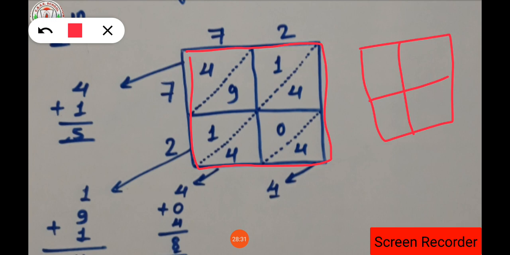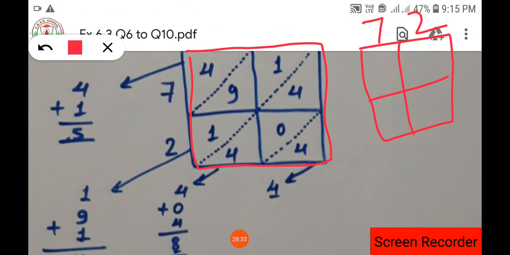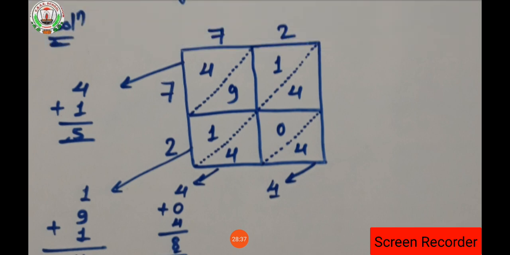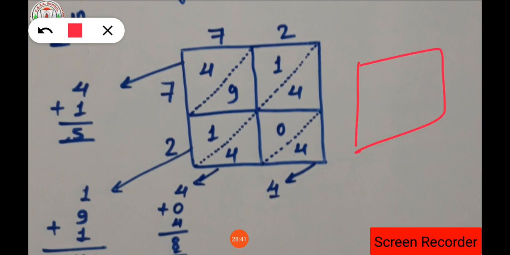Okay, so 72 at the top we have to write, as well as 72 at the side we have to write. Clear? Now we are going to make the diagonal. This dotted line is said to be a diagonal.